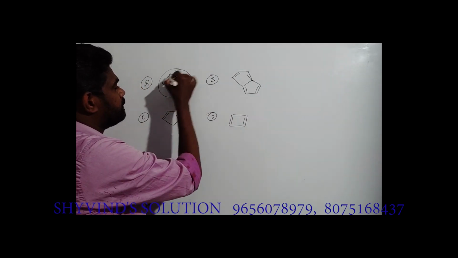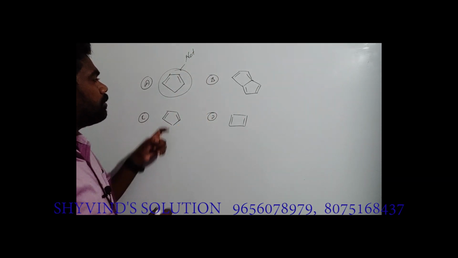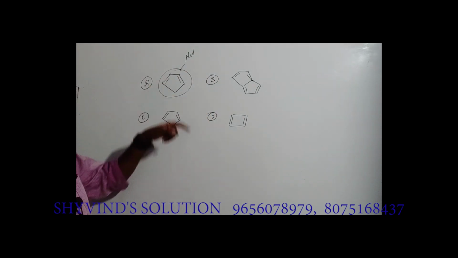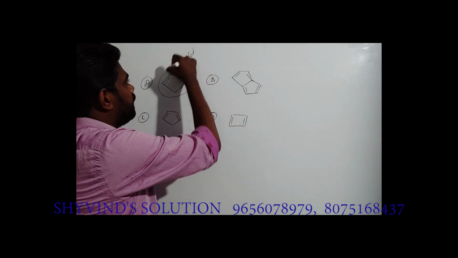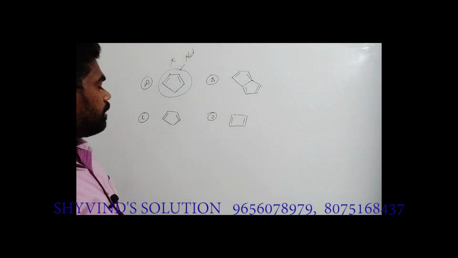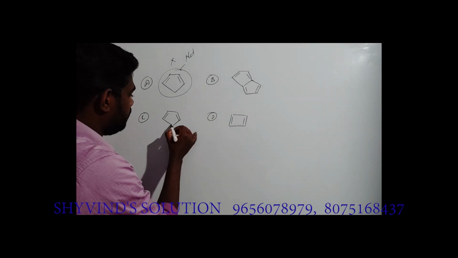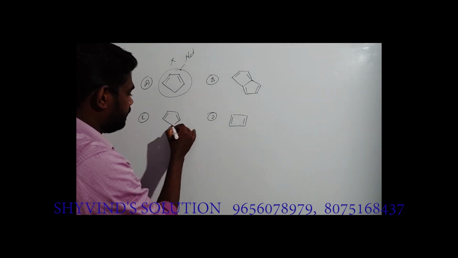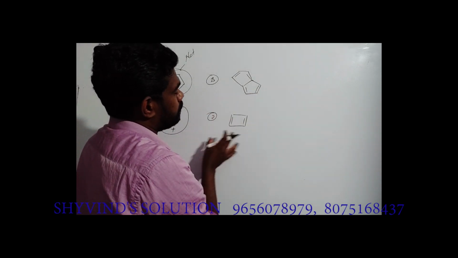This species is not conjugated. This carbon is not participating in conjugation, so it is not conjugated. So we can eliminate this option. So now we have a positive charge in the option C. Now let's see, in this option we can see this is conjugated. This is also conjugated, this is also conjugated.